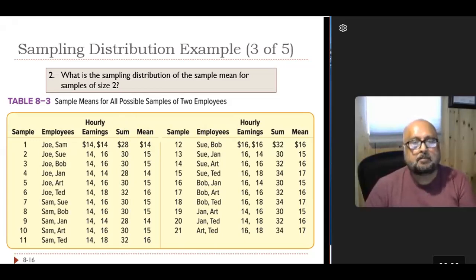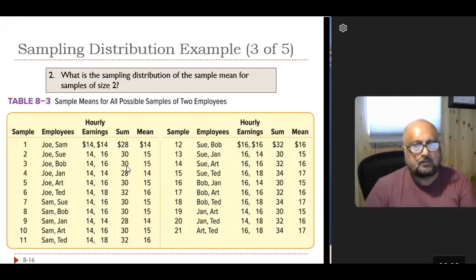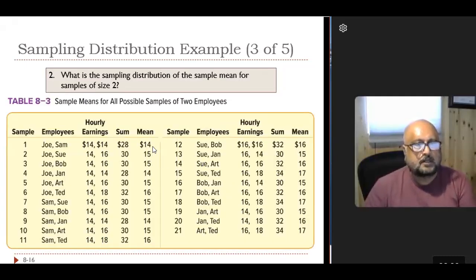Now we have to find the sampling distribution of the sample mean. So how do we find it? We need to look at how many distinct values there are in this collection of 21 samples, and how many times they occur. So we have 14 happening 3 times, 15 happening 9 times. If you look at this table here, 14, 1, 2, 3, so 3 times.